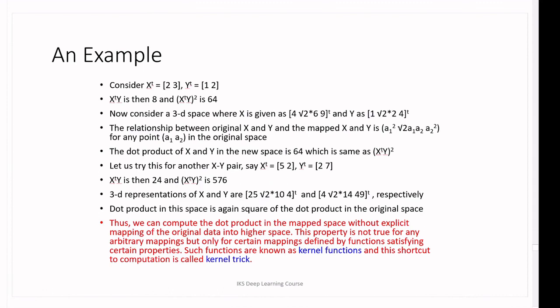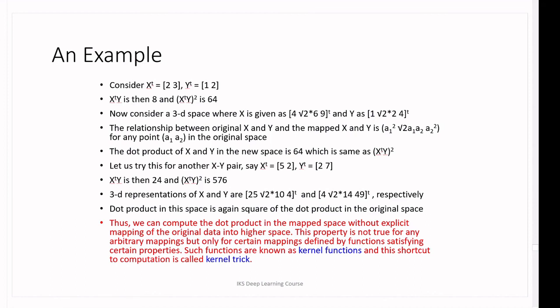Suppose x is (2, 3) and y is (1, 2). Let's take the dot product x transpose y. For given x and y values, this dot product is 8. Let's take the square of this dot product, and that square is 64. Now let's look at a three-dimensional space where x is given as (4, 6√2, 9) and y is given as (1, √2 times 2, 4).